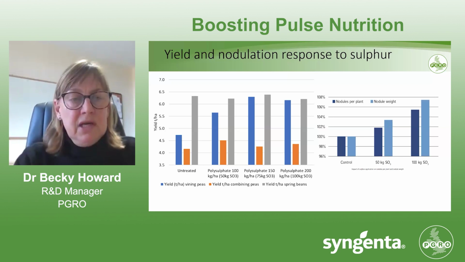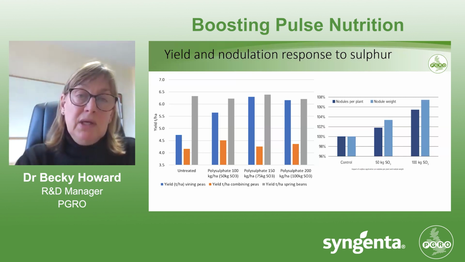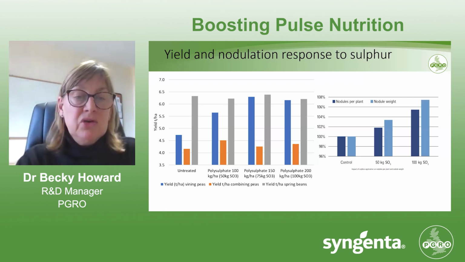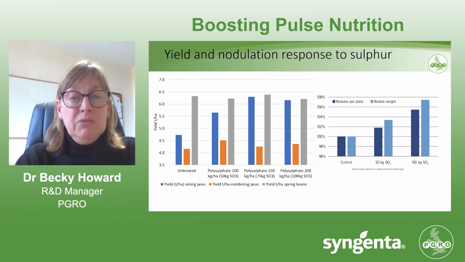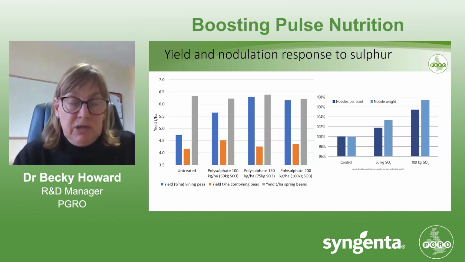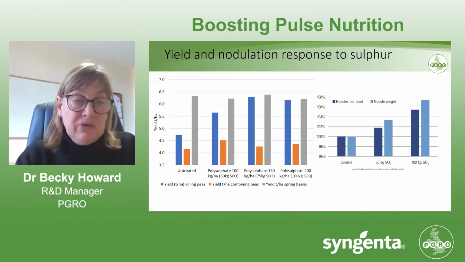So the work that we've done over the years, looking at using polysulfate at 3 different rates in both vining peas, combining peas and spring beans, we can see that the influence of polysulfate is quite strong in vining peas. So they're responding to the sulfur up to about 150 kilos per hectare of polysulfate. We can see that the combining peas from the left figure, and that's the orange bars, do respond, but there's no difference in their response to the different levels of polysulfate.